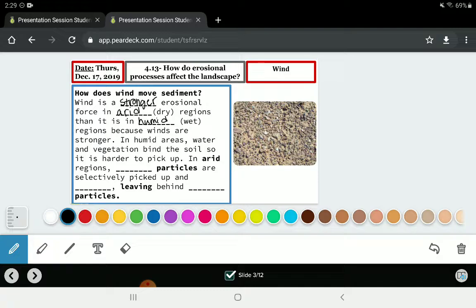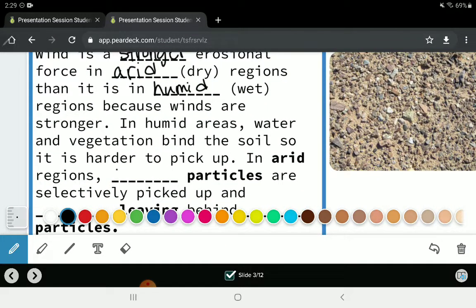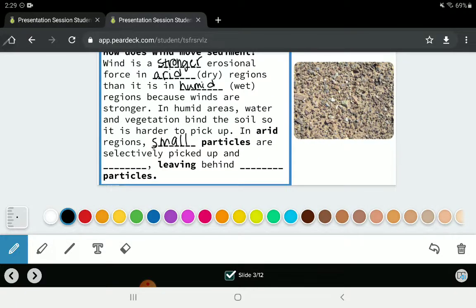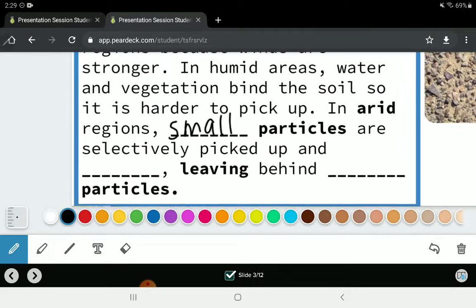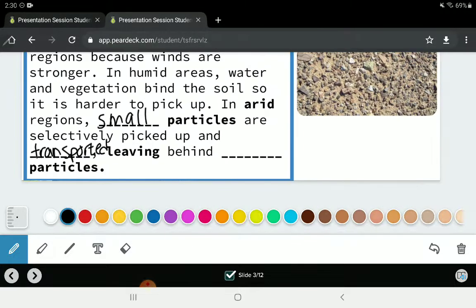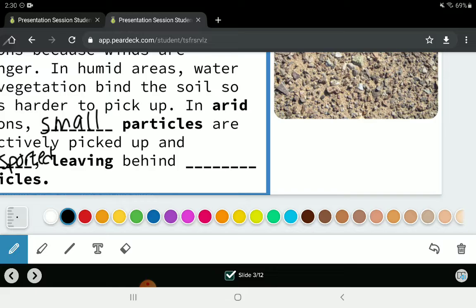In arid regions, small particles are selectively picked up and transported, leaving behind large particles.